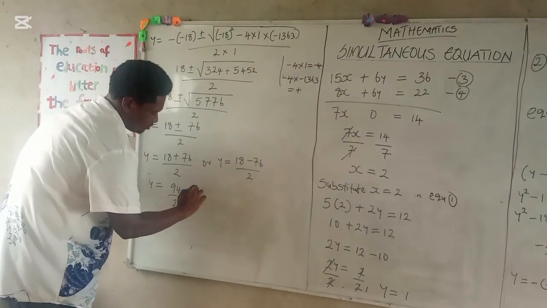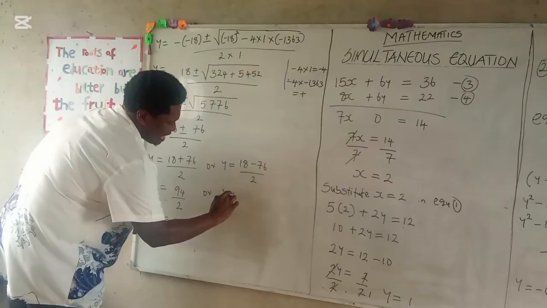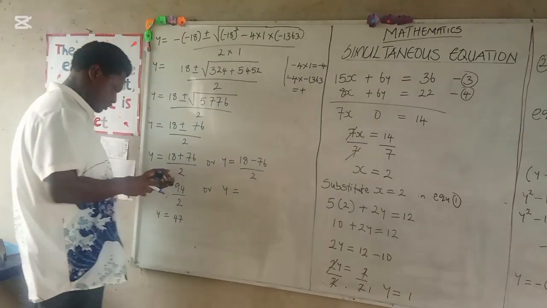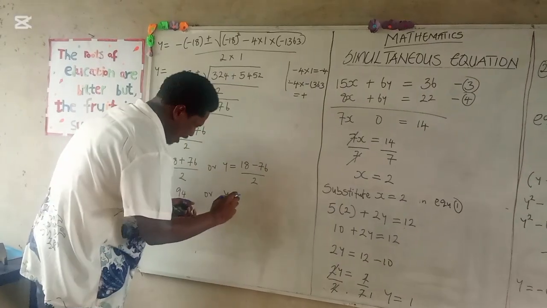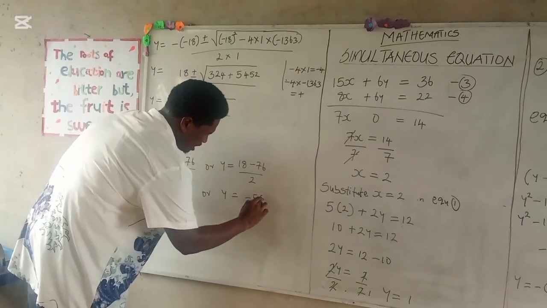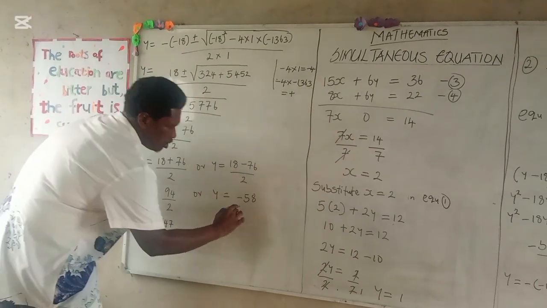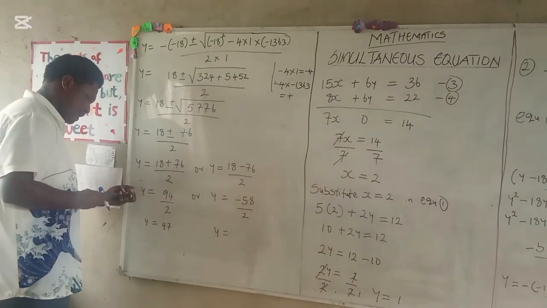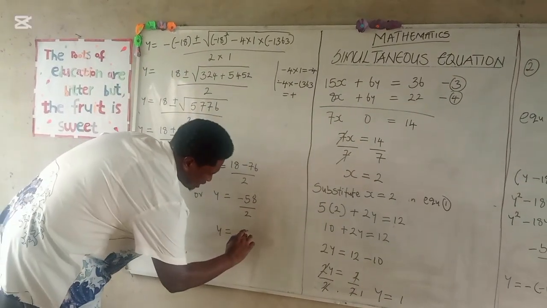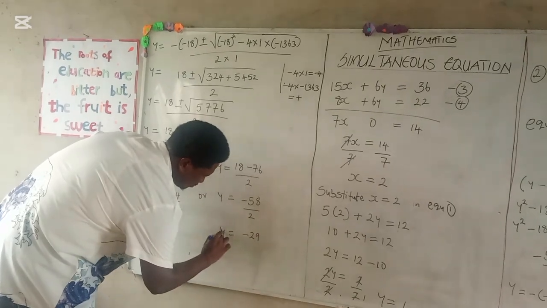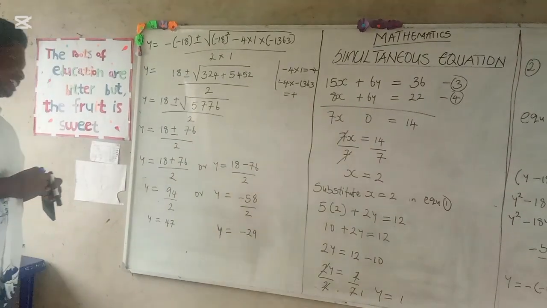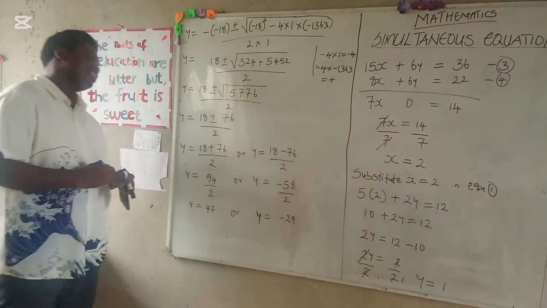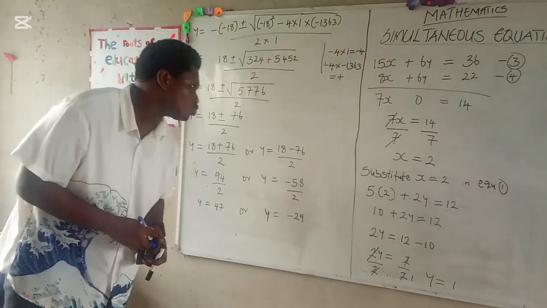And over here, we have that y is equal to 18 minus 76, we have minus 58 over 2. And dividing by 2, we have negative 29. So we've been able to ascertain that y is equal to 47 or y is equal to negative 29.